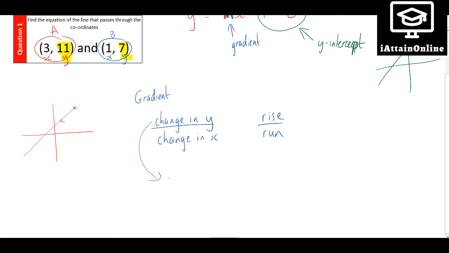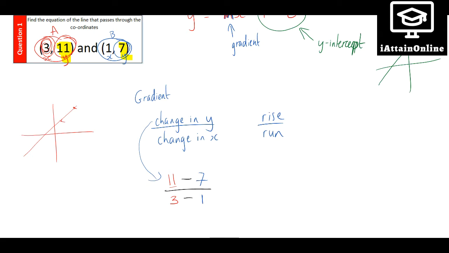So the change in y is going to be the 11 from here, and we're going to take away from that the 7 from here. And we're going to put that over the change in x. Now because I started with the 11 last time, that tells me that I have to start with the 3 this time. So I'm going to do 3 take away 1.